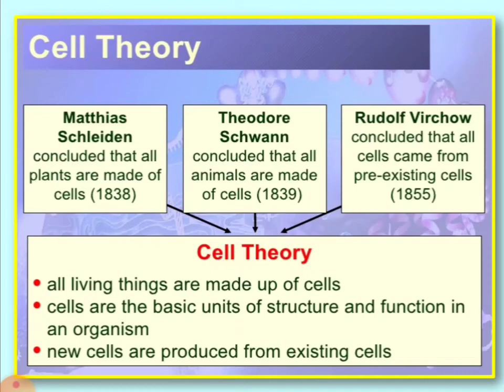So no cell can originate on its own, but instead it comes into existence only by division of an already existing cell. So a new cell arises from the existing cell. And yes, the third important point of the cell theory is the cell is the fundamental unit of structure in all the living organisms, and all the metabolic reactions take place in the cell.